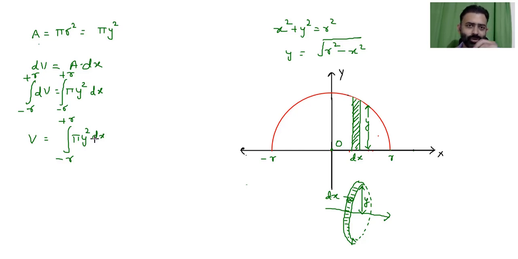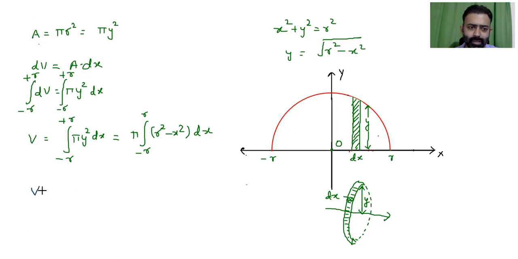Okay, so put the value of y, which is square root of r square minus x square, and if we square this, the root will vanish. So taking pi outside the integral sign, y square will be just r square minus x square into dx from minus r to plus r.